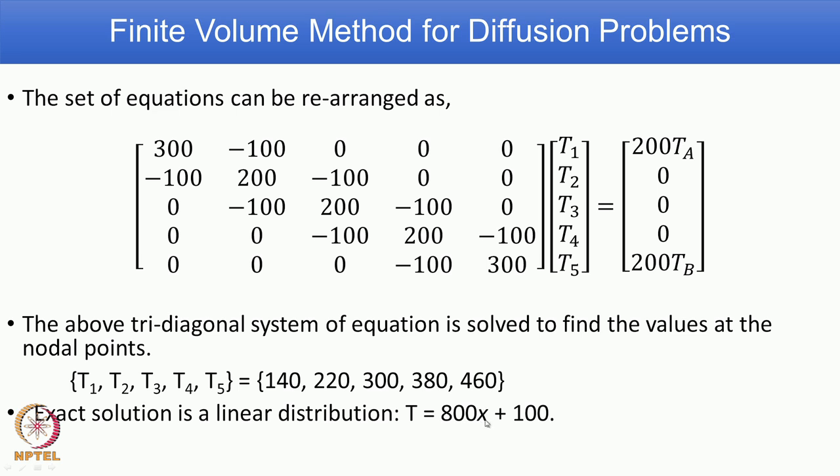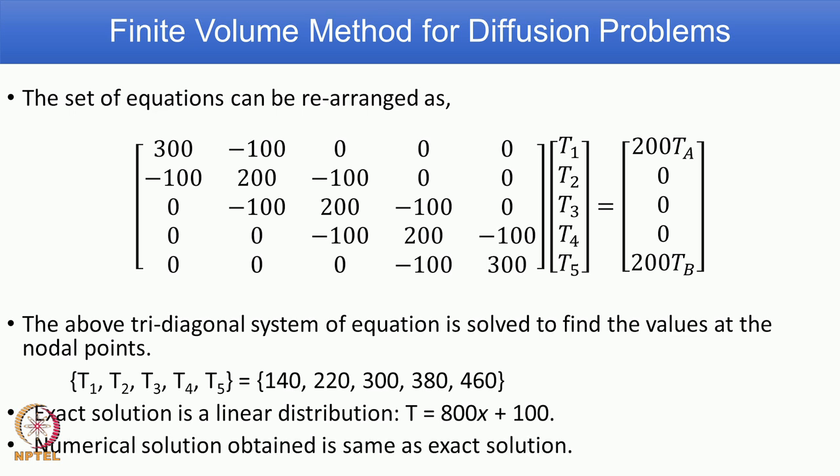You can substitute the value of x depending on your computational node and get the exact solution at the node, and compare with your CFD computed results. In this case they are almost the same. The numerical solution obtained is the same as the exact solution. It is a very simple problem, hence it is not a surprise that they both match. Later we will see situations where the exact solution is not matched.